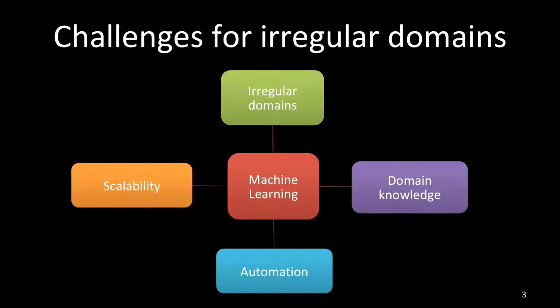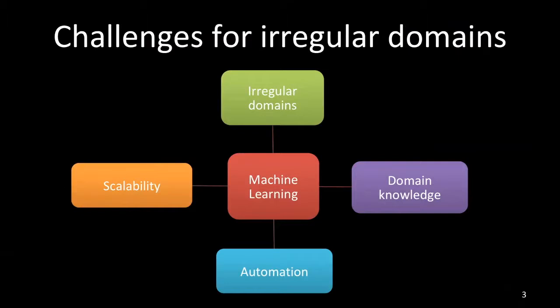So again, you have to start from scratch. We need good automation. Otherwise, we will be spending a lot of time figuring out the right method, the right set of parameters, and the right pipeline for developing machine learning methods for irregular domains.